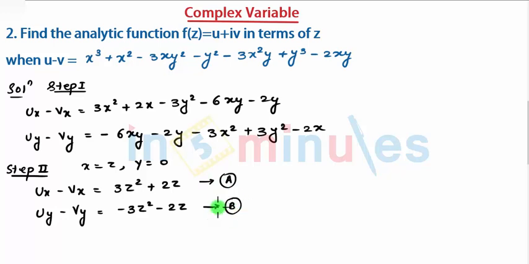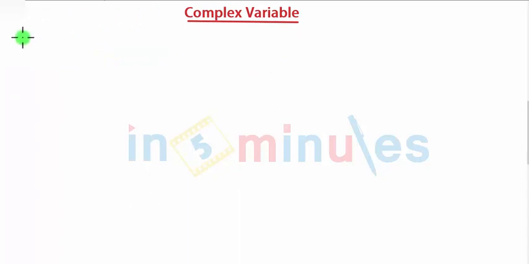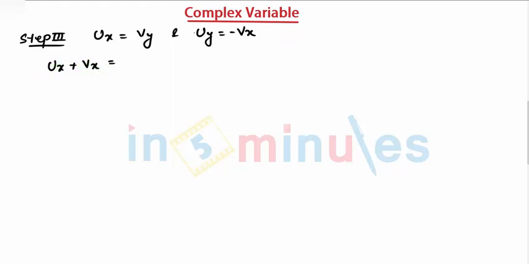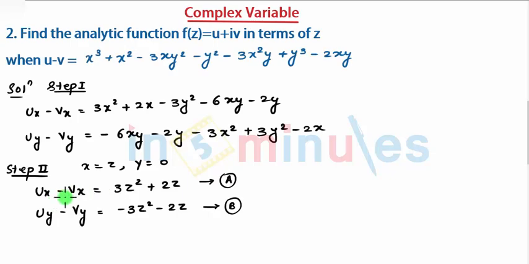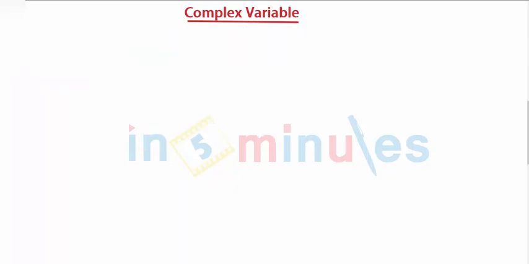By solving these equations I can get ux and vx, but before that I need to put these equations in the same variables, that is ux, vx, and this should also be ux, vx. For that I will use step 3: since the function is analytic, I can say ux is equal to vy and uy is equal to minus vx. So the first I'll keep as it is: ux minus vx is 3z square plus 2z.